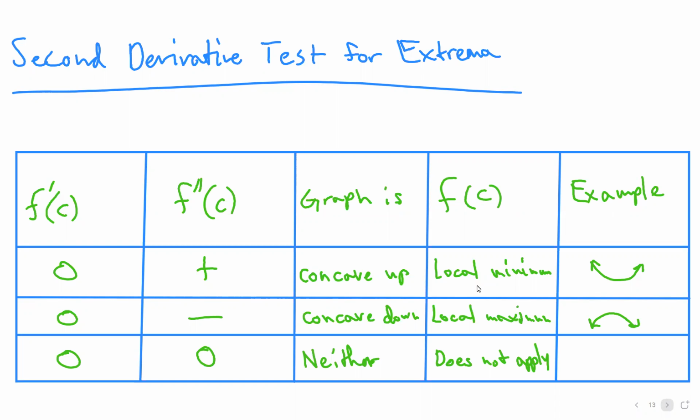Now we can also look at f double prime of c being equal to 0. The graph is neither concave up nor concave down, so we have no real indication of the maximum or minimum status for this particular point. So the test doesn't apply if the second derivative of c is equal to 0.